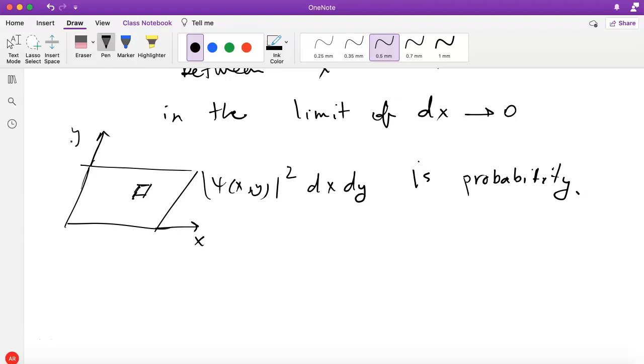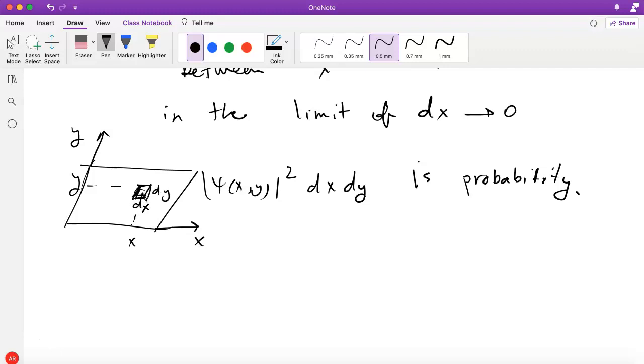You can label points by their x and y coordinates. And then we're looking at position x and y, we're looking at a tiny square of surface area dx times dy. So this length is dx, that's dy.